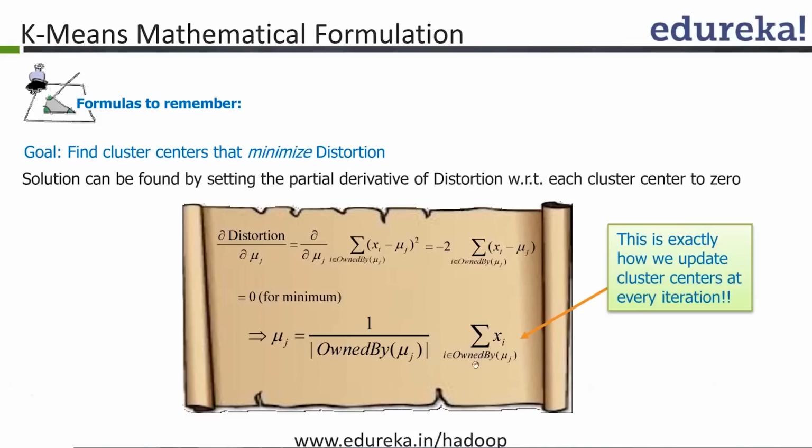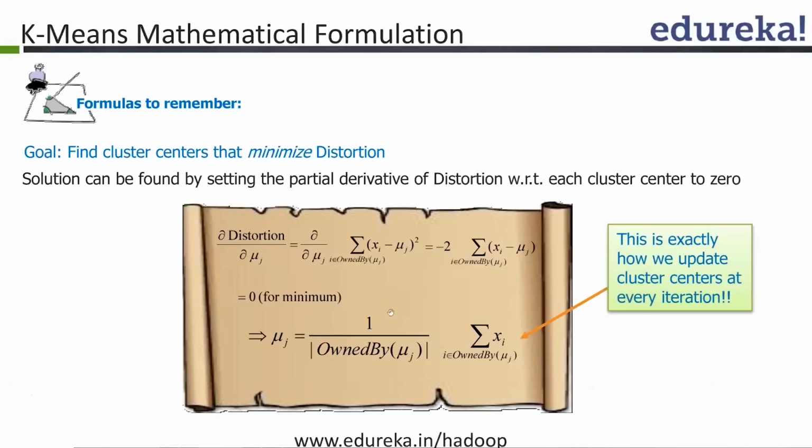Here I'm taking all the data points that belong to that particular cluster mu j, summing them up, and then dividing by the number of points in that cluster. So this is exactly like an average of all the points that belong to that cluster, right? Remember, this is exactly how we updated each of our cluster centers in every iteration. Now you know why we did it.